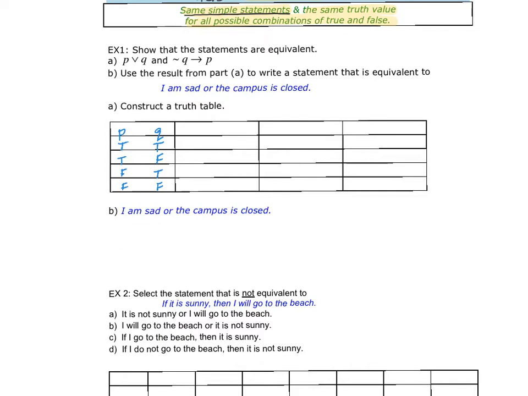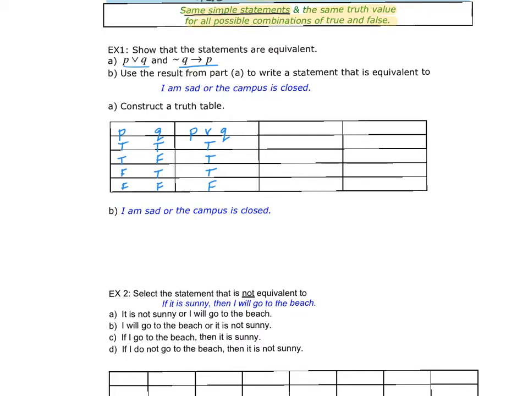When I look at P or Q, I already have P listed and I already have Q listed, so I can determine the truth value for P or Q. So true, true is true. True, false is true. False, true is true. False, false is false.